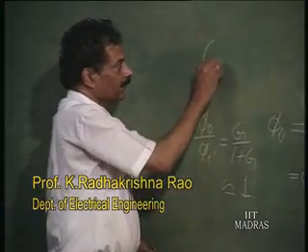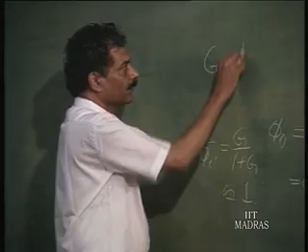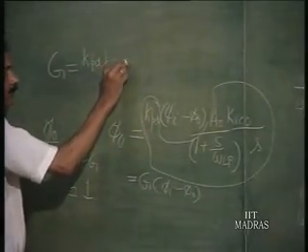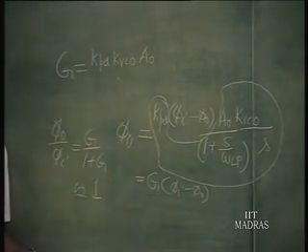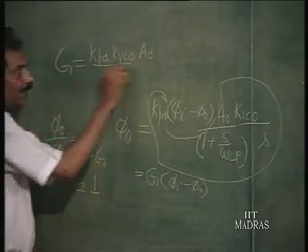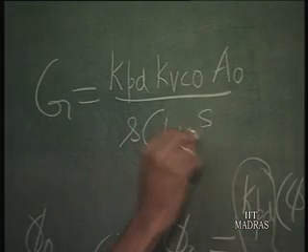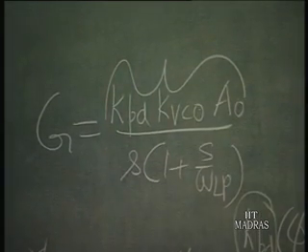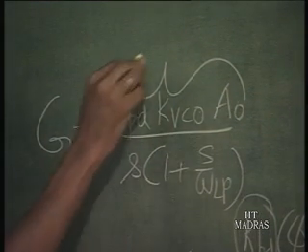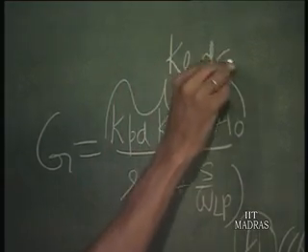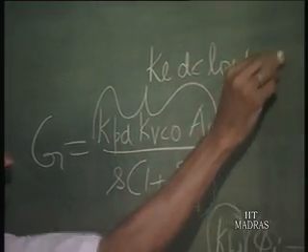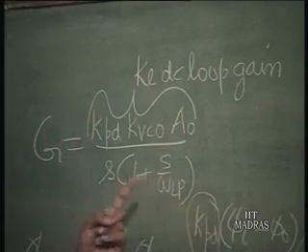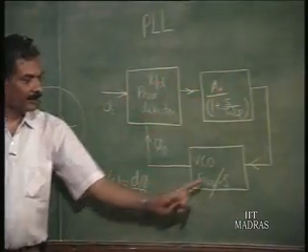Now, what is G? The loop gain here is nothing but KPD, KVCO into A naught, divided by S into 1 plus S by omega L. This factor, which is independent of frequency, is called the DC loop gain, KL, which is nothing but the product of all the sensitivity factors, KPD, A naught, KVCO.